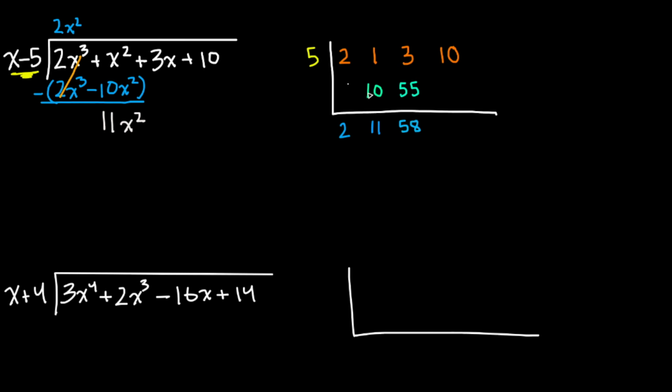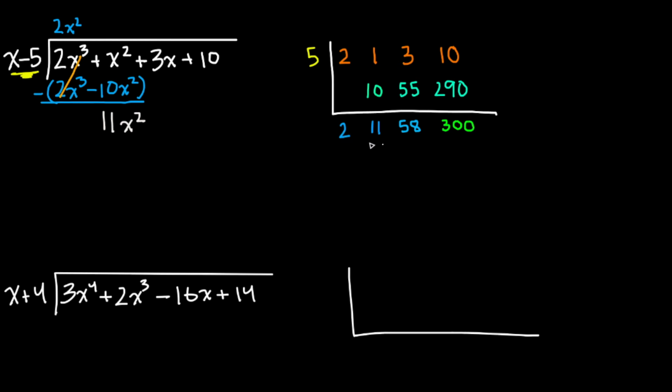So 50 times 5 is 250, plus 8 times 5 is 40. So 250 plus 40 is 290. So 290 we write down over here. And we know that 290 plus 10, and I'll do that in a different color because the last one's going to be the remainder, is 300.